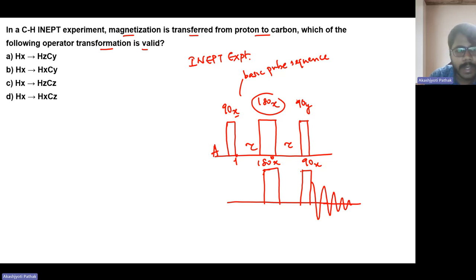So it will interchange the labels of the A transitions, and as a result they will continue to dephase further, and at the end of the next 1 by 4J period they are aligned in opposite directions along the x-axis.